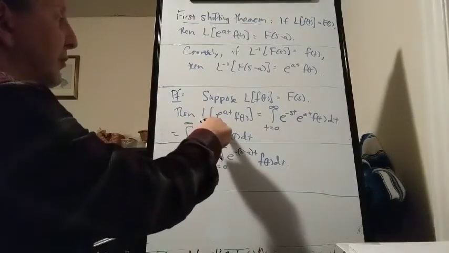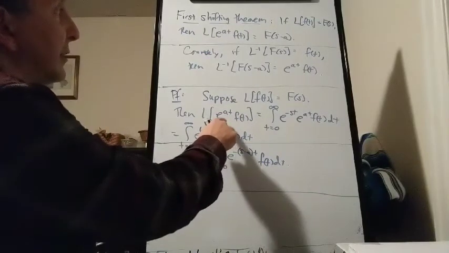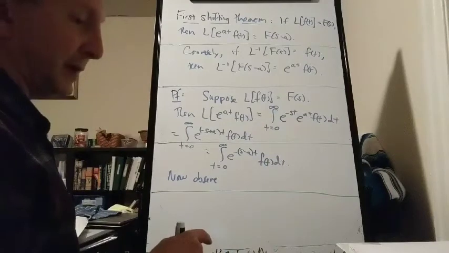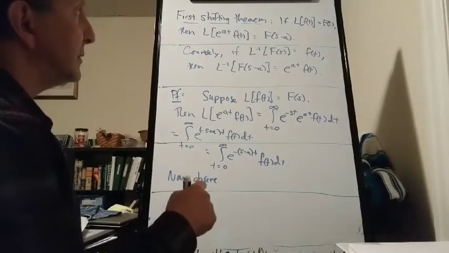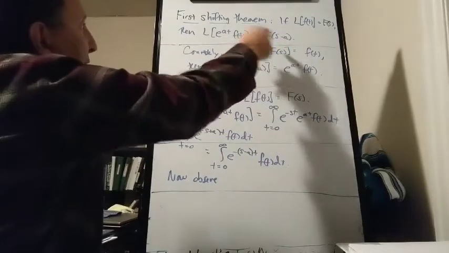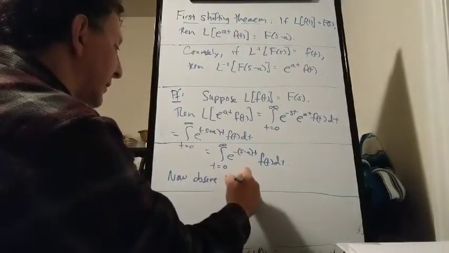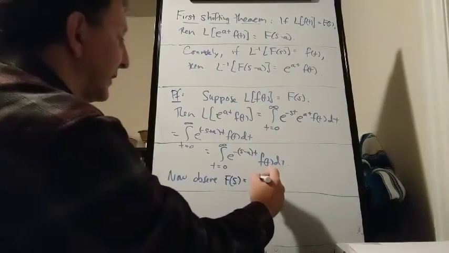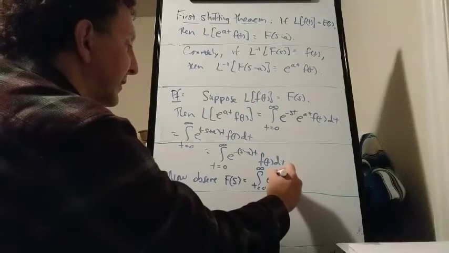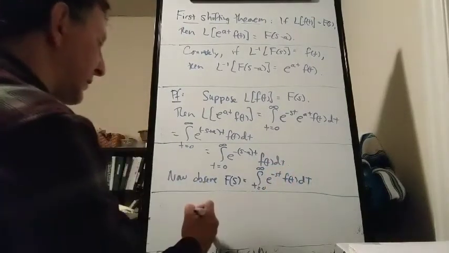So the Laplace transform of e to the at f of t is this integral. Now let's look at what F of s minus a should be, and then show that the two expressions are equal. F of s is defined to be the integral from 0 to infinity of e to the negative st f of t dt.